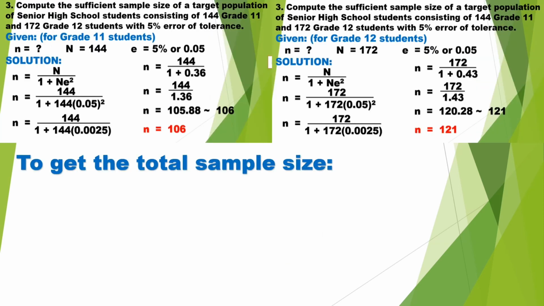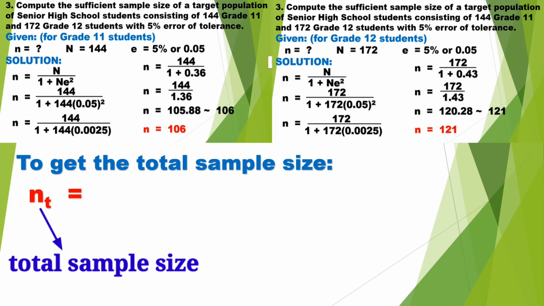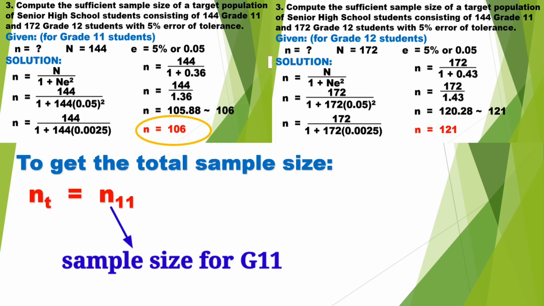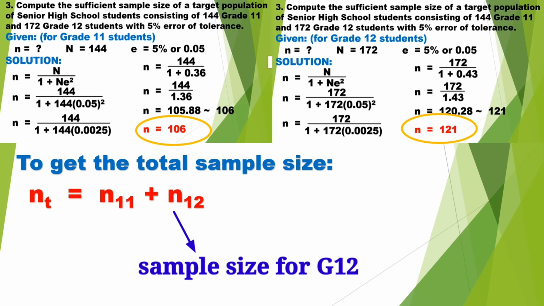Since we now have the respective sample sizes for grade 11 and grade 12 students, to get the total sample size of all the senior high school students, we will use the formula n sub t equals n sub 11 plus n sub 12.